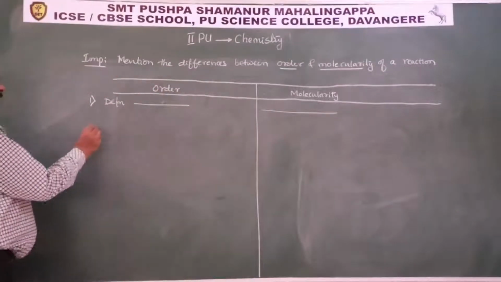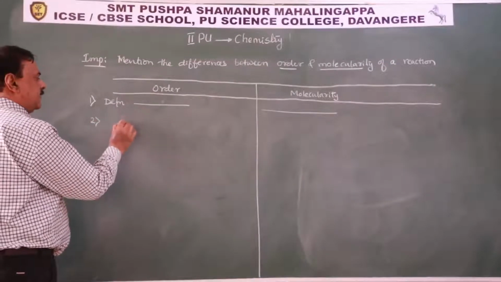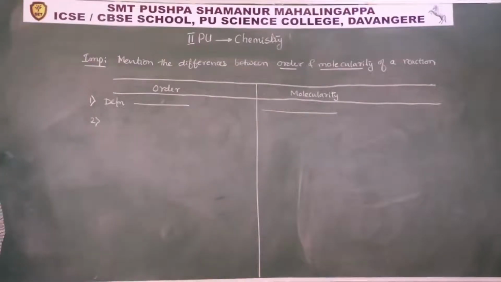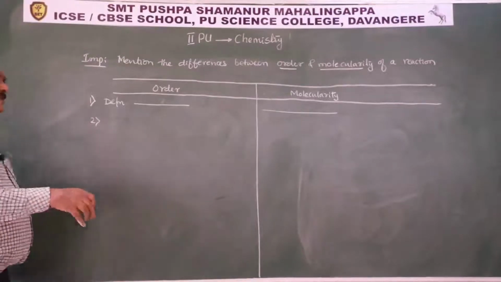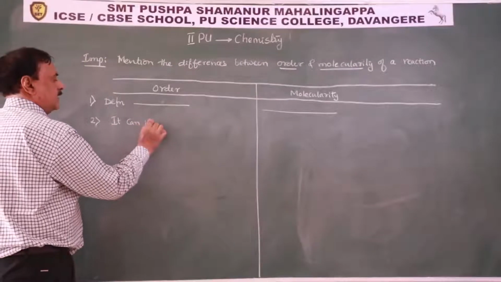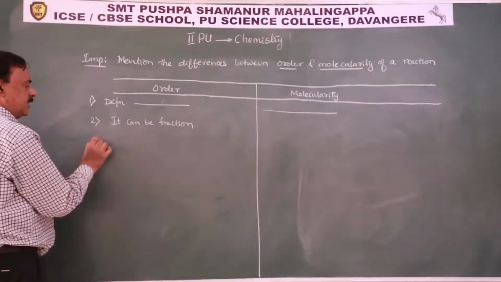Write it. Second one: the order of a chemical reaction may be 0, and it can be a fraction.